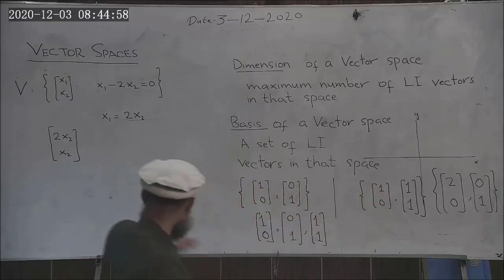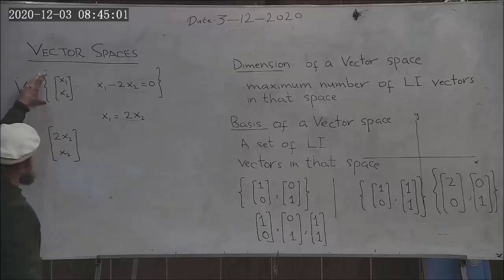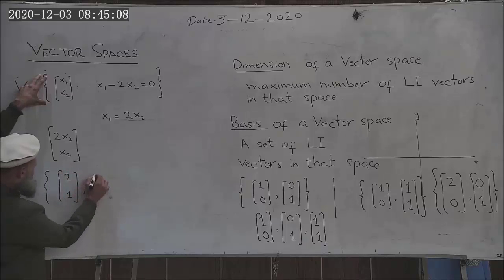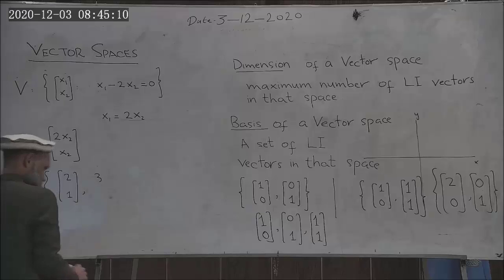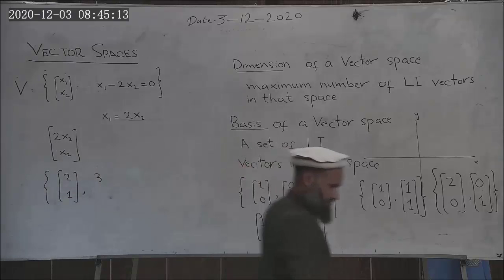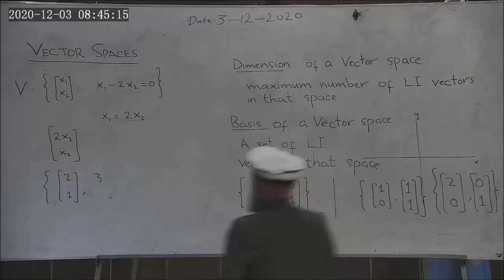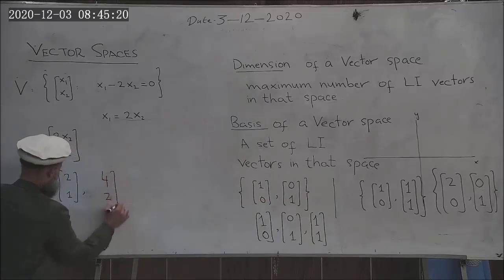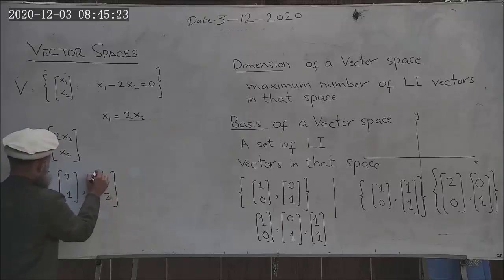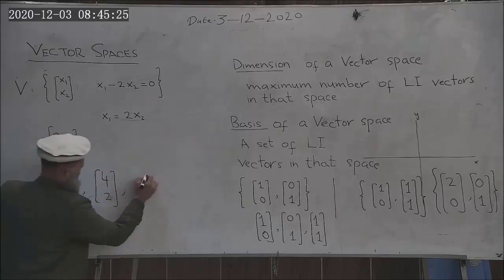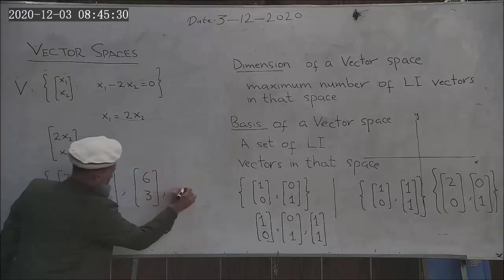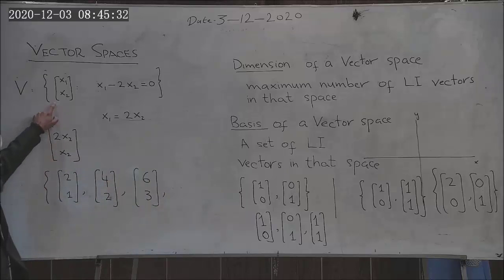Can you give some elements of this set? For example, this is an element. This is another element. How many elements are there in this set?